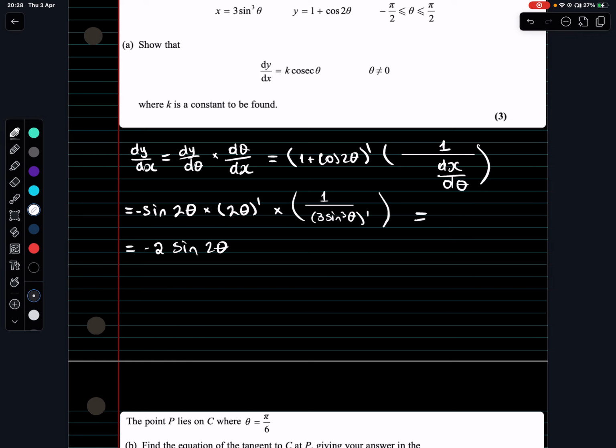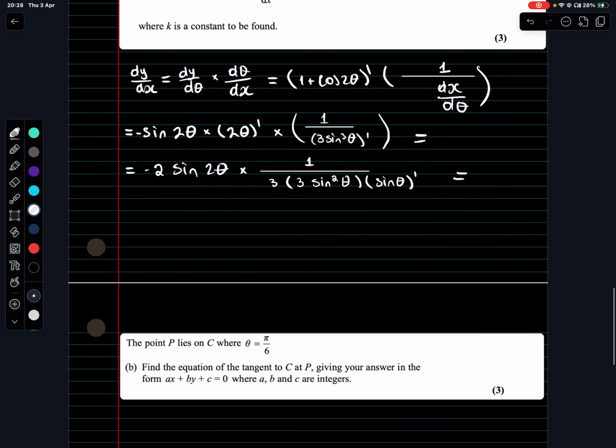For sine cubed theta, it's like x cubed: the derivative would be 3 times x squared, but it's a sine, so that means sine squared theta, and then you multiply this by the derivative of sine theta. Don't forget this is a composite function, and we're applying the chain rule there.